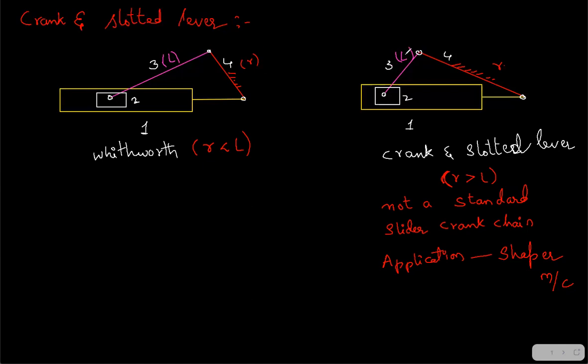So which is the shortest link? L is the shortest link here. So I will say link 3 is the shortest link. So you can assume that this joint and this joint can rotate for 360 degrees. It means the end of the cylinder cannot rotate for 360 degrees, so this will only oscillate.